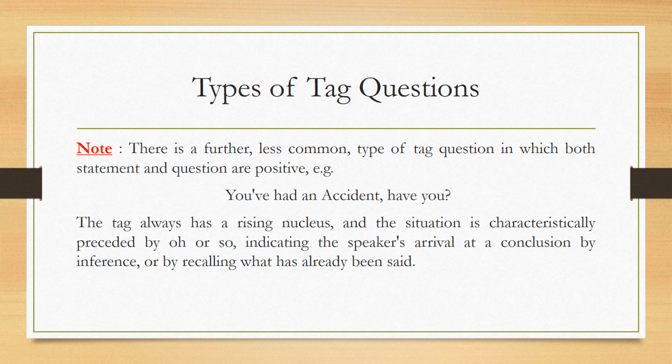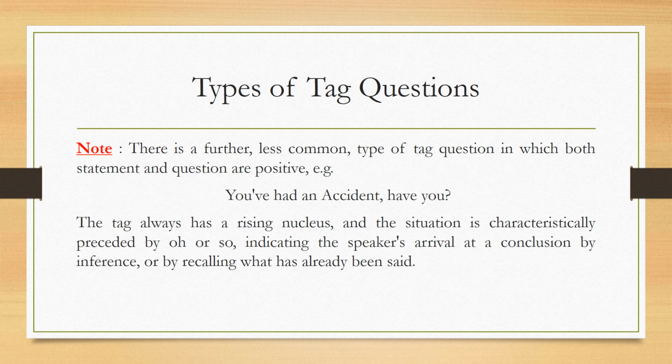A very important note that is also related to the types of tag question. So there is a further less common type of tag questions in which both a statement and a question are positive. You see, there is another type of tag question. It could be type number 5, okay, but it is less common than the previous four ones, in which both of the statement and the question are what?